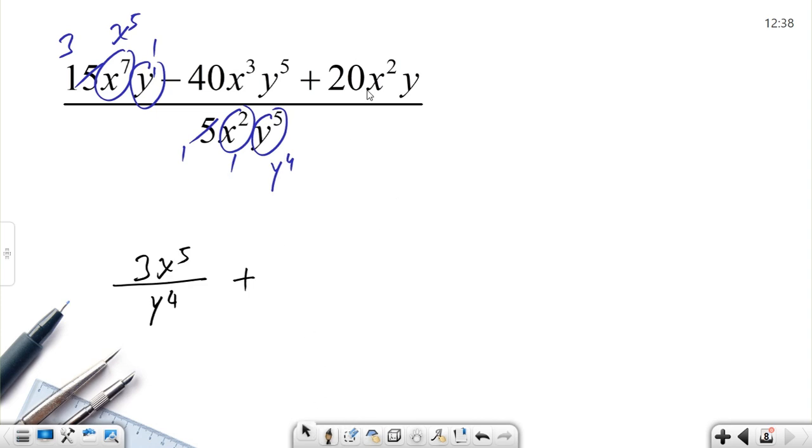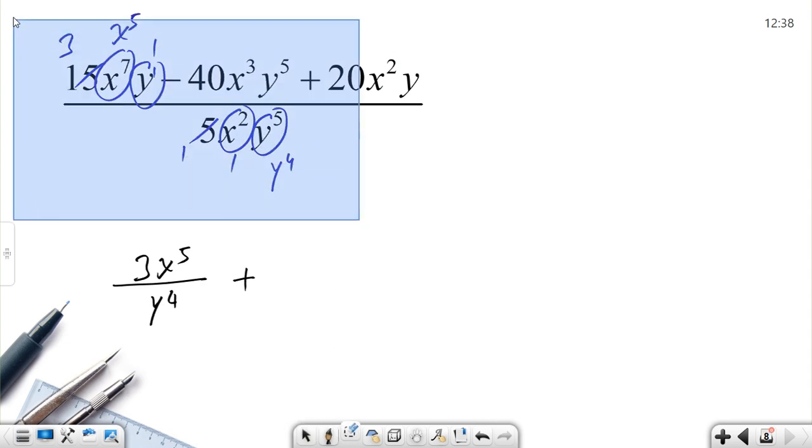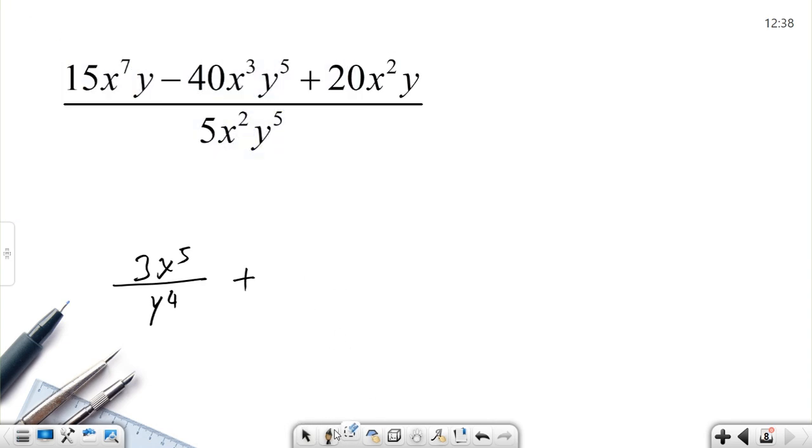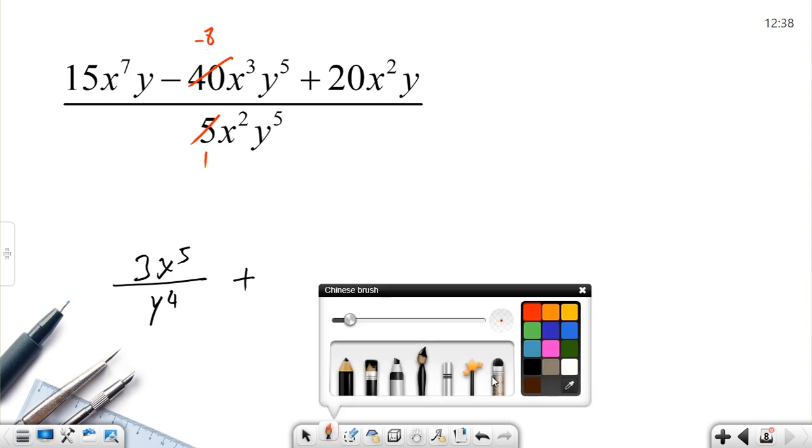So we need to do this operation for all terms. Don't forget, only one term is not enough. Let's continue with the second term. Minus 40 divided by 5 minus 8. So you can simplify by 5. Minus 40 divided by 5 is minus 8. 5 divided by 5, 1. Let's write it. X cubed. Let's continue with that, no problem.